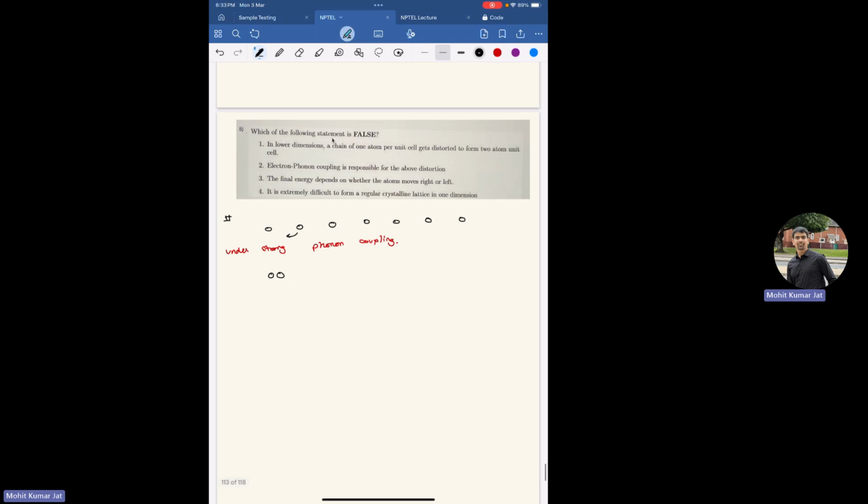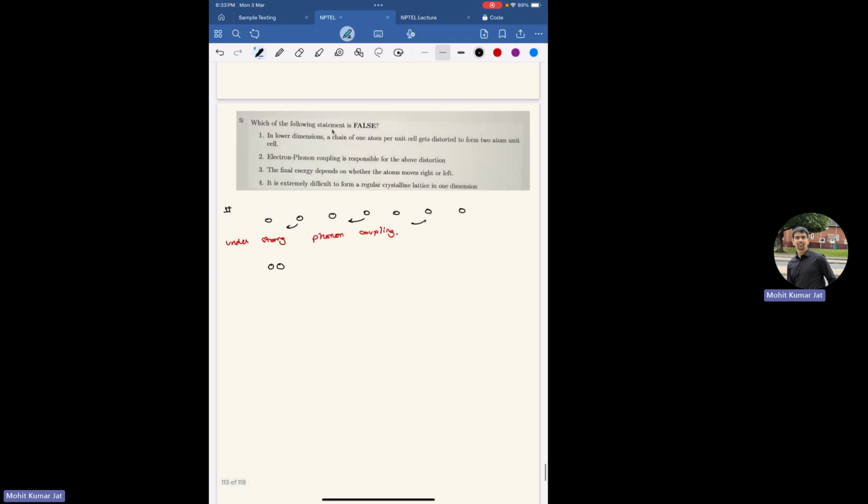This atom will move like this, this atom will also move like this, this will move like this. So if initially the lattice length was A, now it will be 2A because it is more energetically favorable.